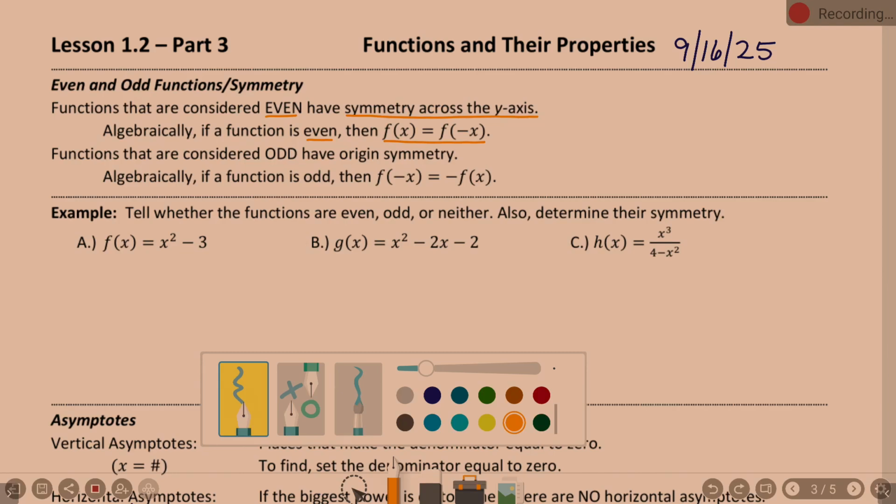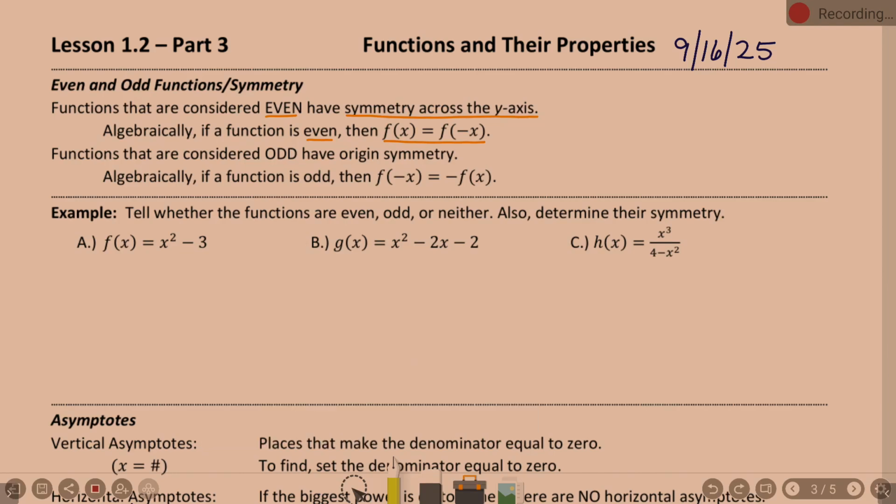Now, the other part of this today is a function is considered odd if there is what we call origin symmetry. Origin symmetry is, as you can guess, symmetric about the origin. But what does that mean? There are 2 ways I can describe that. The easiest way, I look at it as a kind of double reflection.